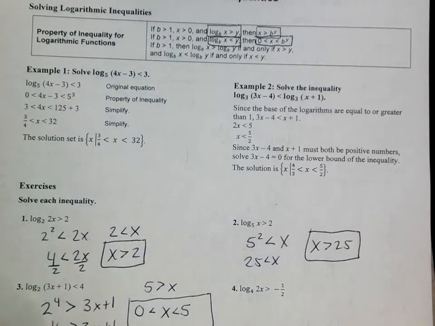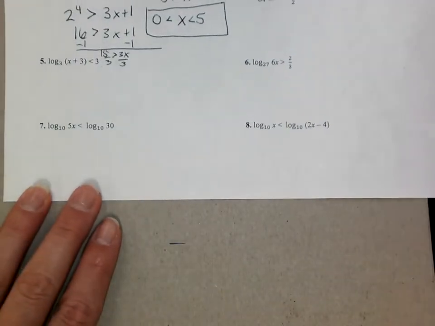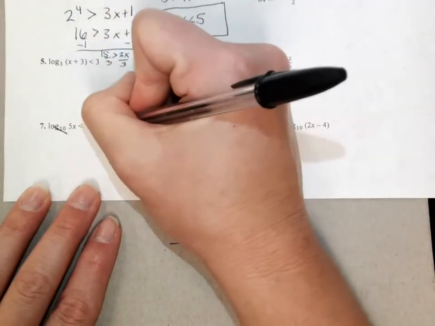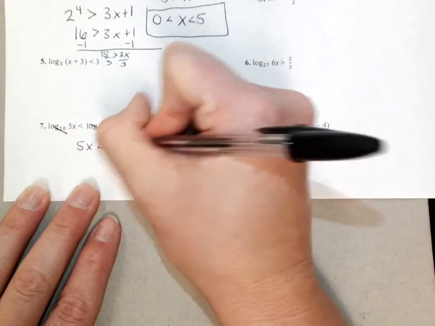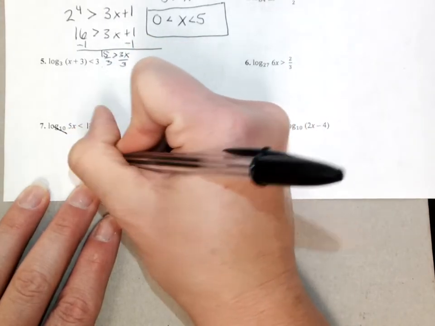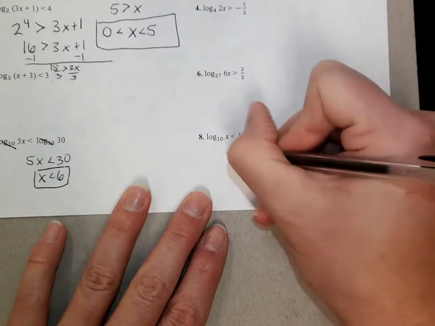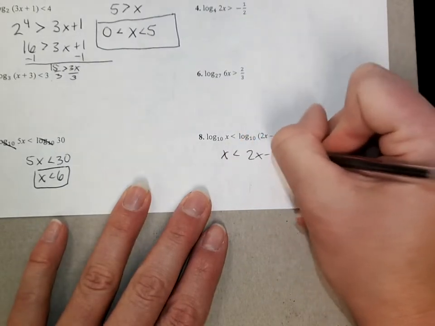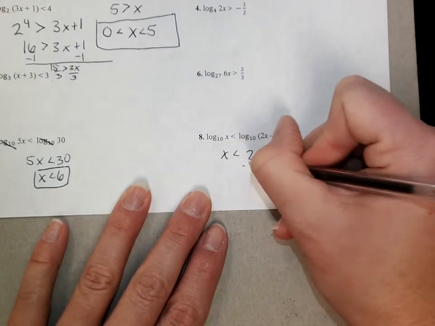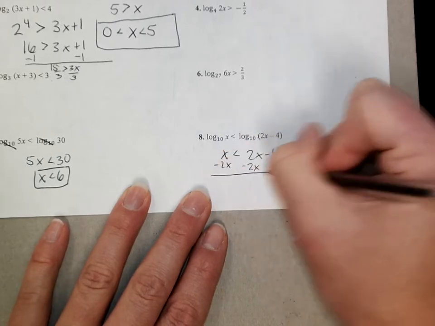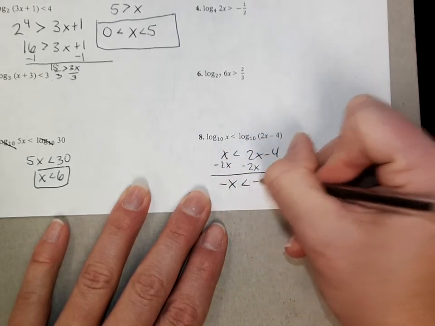Whenever you have just a traditional log equals log question down here at the bottom, then that sign stays the same. You don't have to worry about flipping this one. This is just going to be 5x is less than 30. That gives me x is less than 6. Done. Same thing here. x is less than 2x minus 4. I'm going to subtract the 2x. Negative x is less than negative 4.